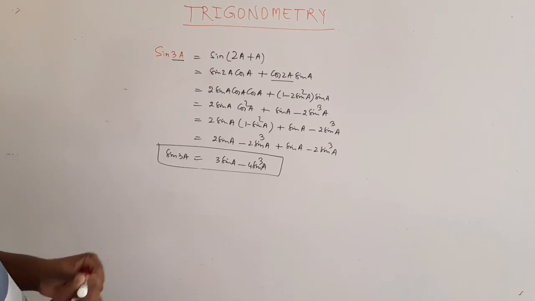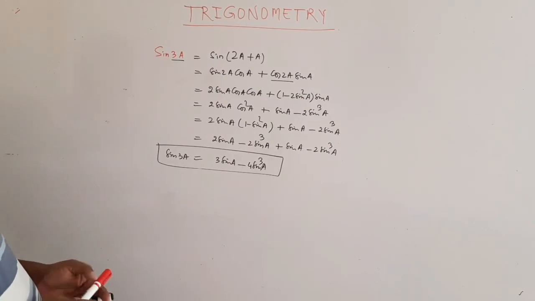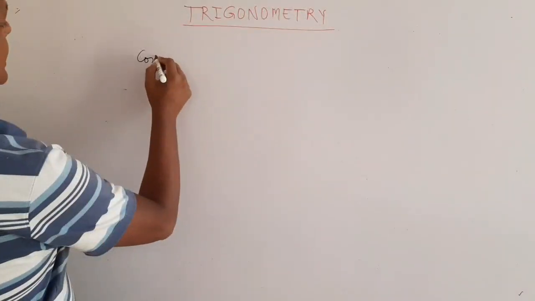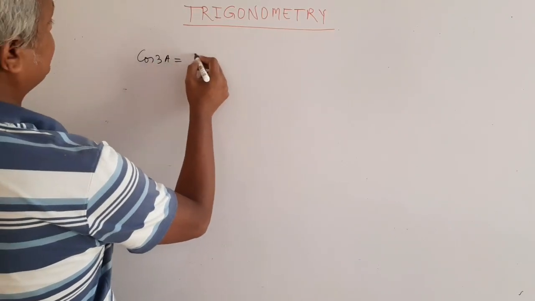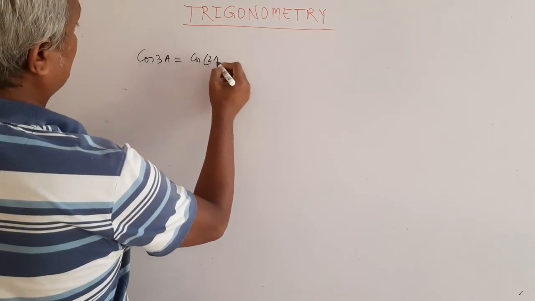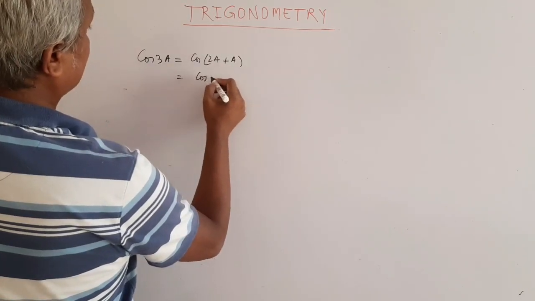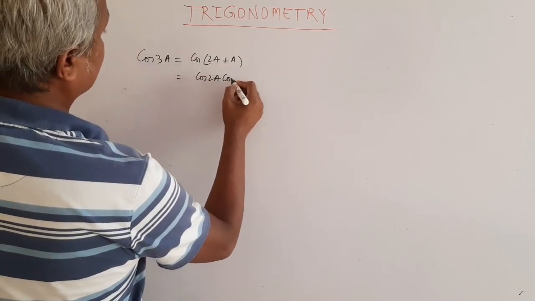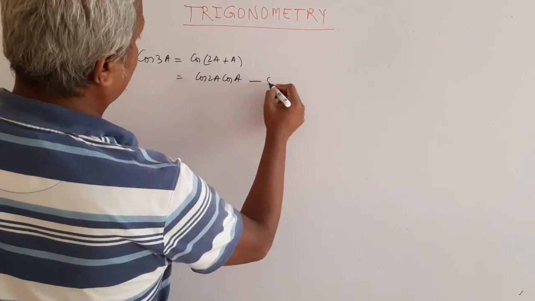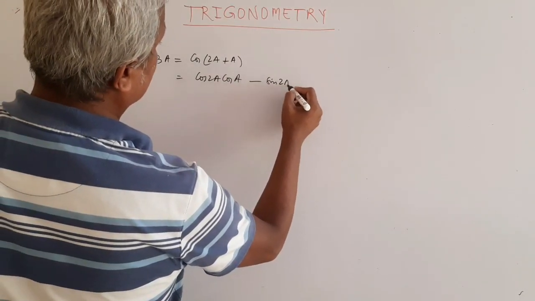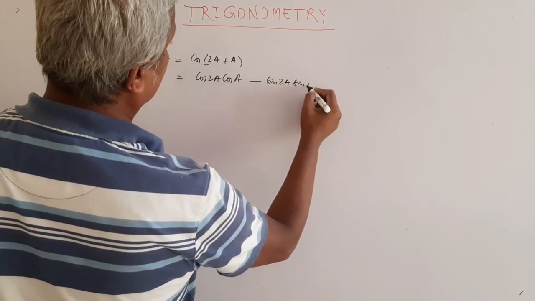Let me clear the screen, and then I just derive the same thing for cos 3a. Now cos 3a is cos of 2a plus a, which is cos 2a cos a minus sine 2a sine a.